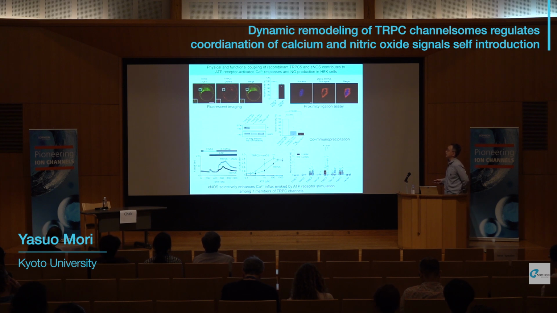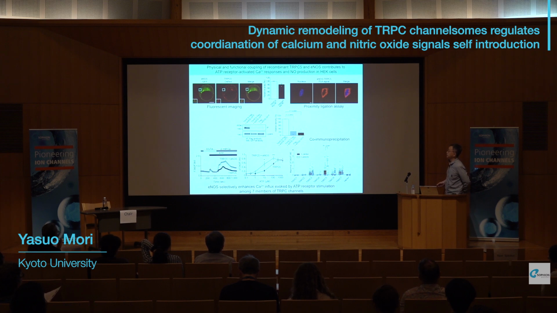of these two constructs. And most importantly, when TRPC5 was co-expressed with eNOS, calcium influx activity of TRPC5 was significantly enhanced compared to the response in HEK cells expressing TRPC5 alone. And there was also a very significant shift of the response curve against ATP to a lower concentration.